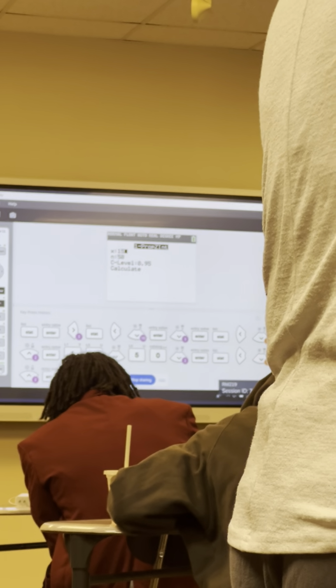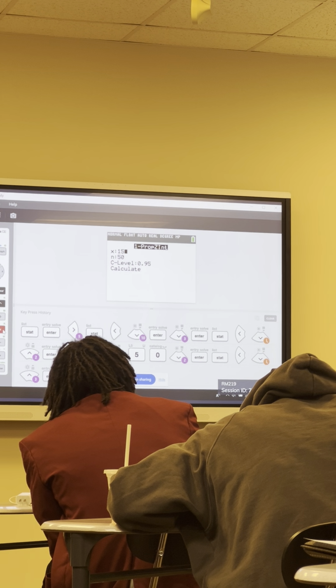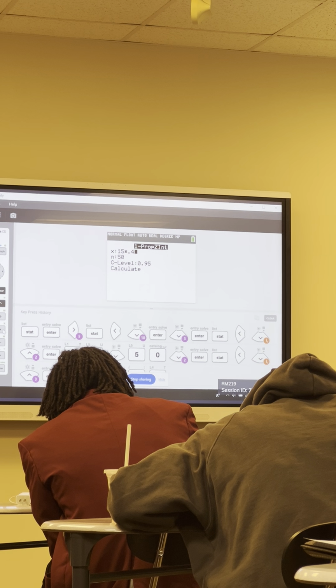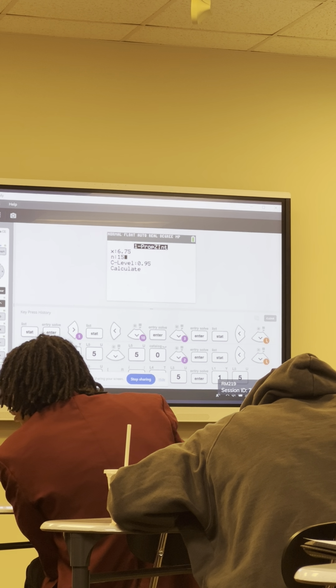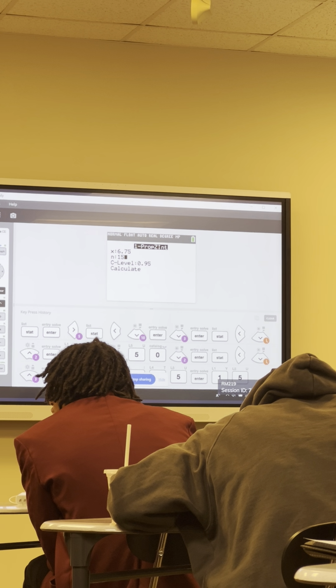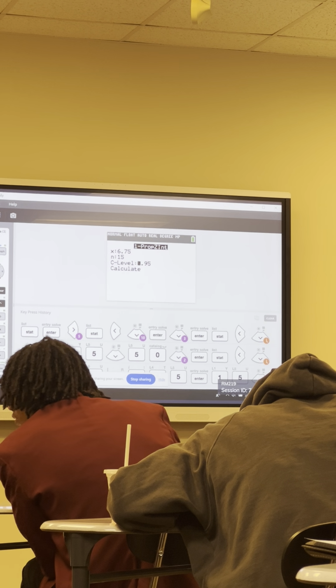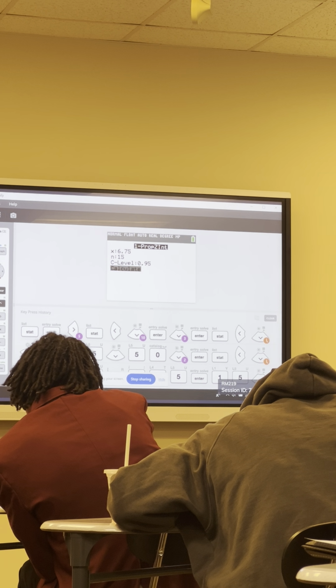You are putting both answers in the first open box. You're going to continue the same process for the other ones. Your X is 15, and then you've got your N and your P hat, so you're going to enter all that information in.